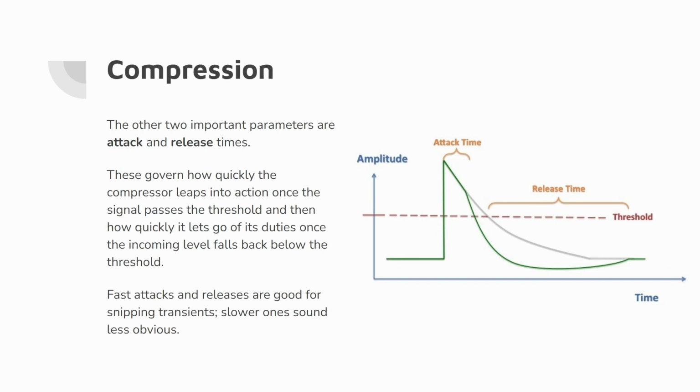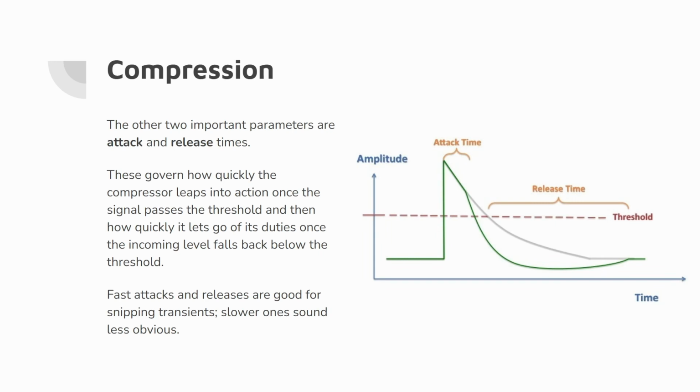No, sir. And release is how quickly it'll let go and just let the audio signal go back to untouched. So here, the attack time would be how quickly it is before it starts doing its work. Release time, after the sound goes back under the threshold, how quickly does it take its hands off again?